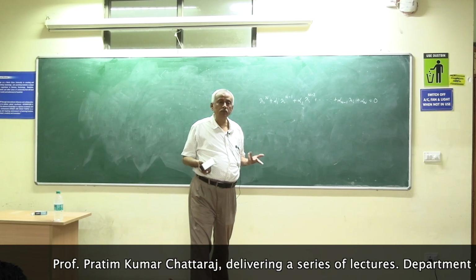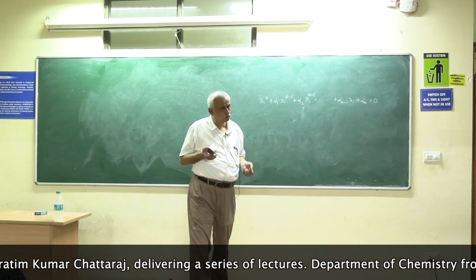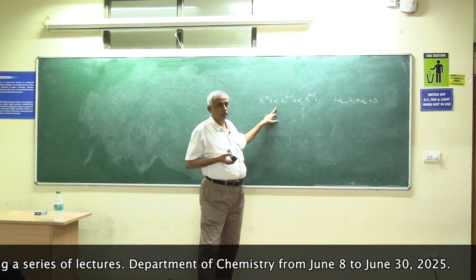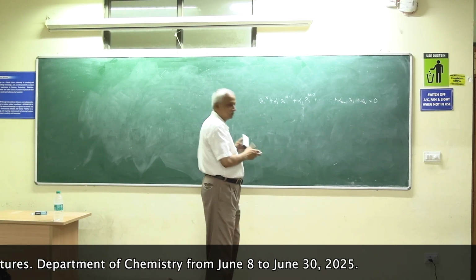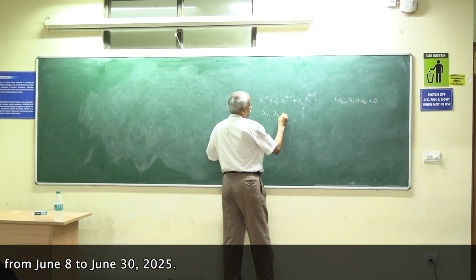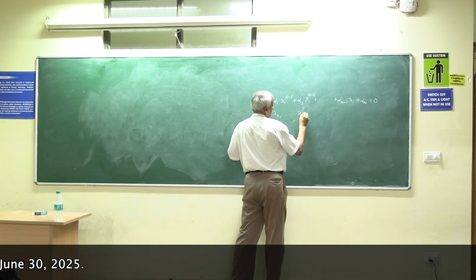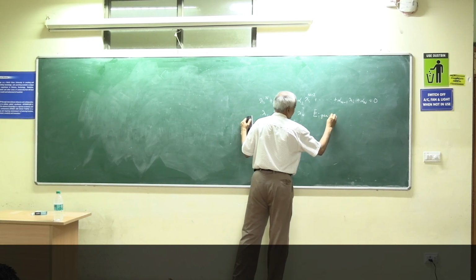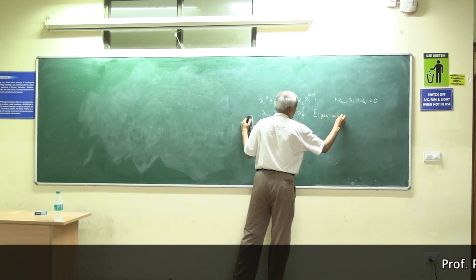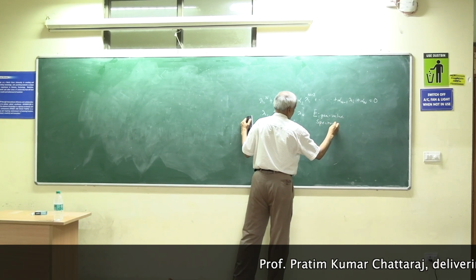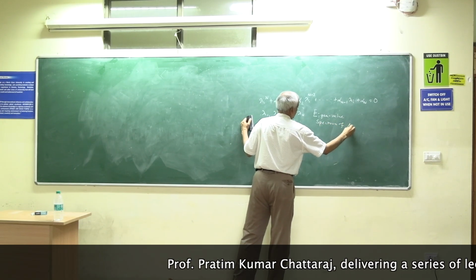If you solve that, what do you get? You get 2 roots. So it will have n roots. If I give these the names lambda 1, lambda 2, up to lambda n, this we will call the eigenvalue spectrum of this matrix A.